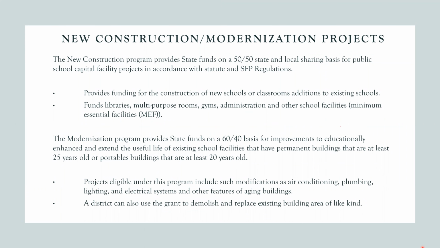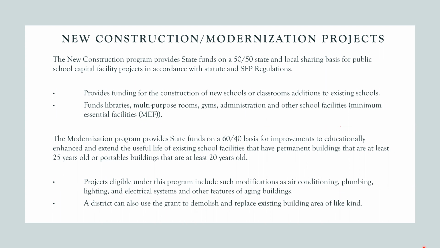For new construction and modernization projects, we have two programs. The first program is a new construction program that provides funds on a 50-50 state and local sharing basis. This provides funding for the construction of new schools or classroom additions to existing schools. It also funds library, multi-purpose rooms, gyms, administration, and other school facilities, also known as minimum essential facilities.